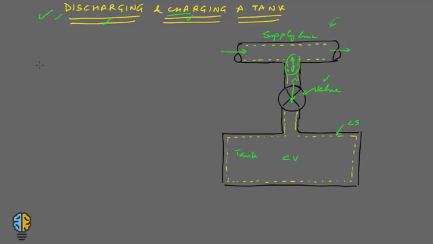So let us say the tank is discharging a fluid into a supply line. So this is what is happening. First we are discharging a fluid into the supply line.